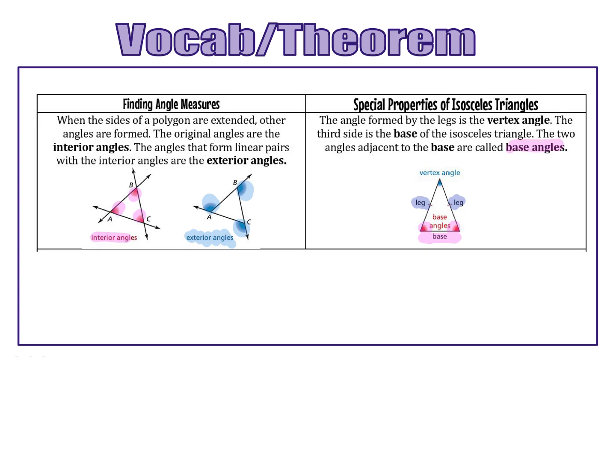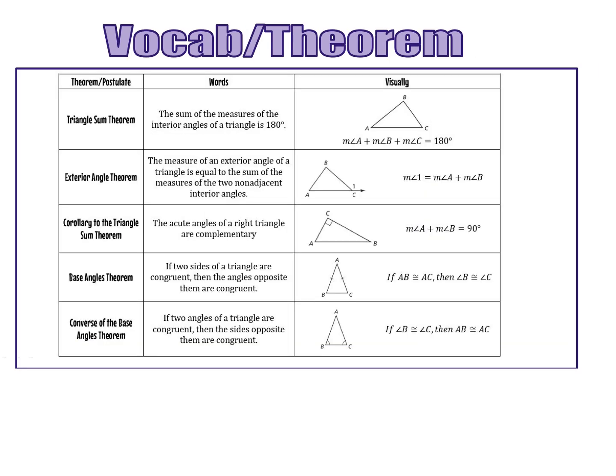The other angle is called the vertex angle, and we call that top point the vertex. So an isosceles triangle has two base angles, two legs that are the same, the base, which touches the base angles, and the vertex angle, which is on the vertex along the top. So now that we've established some vocabulary, let's go ahead and look at some theorems.